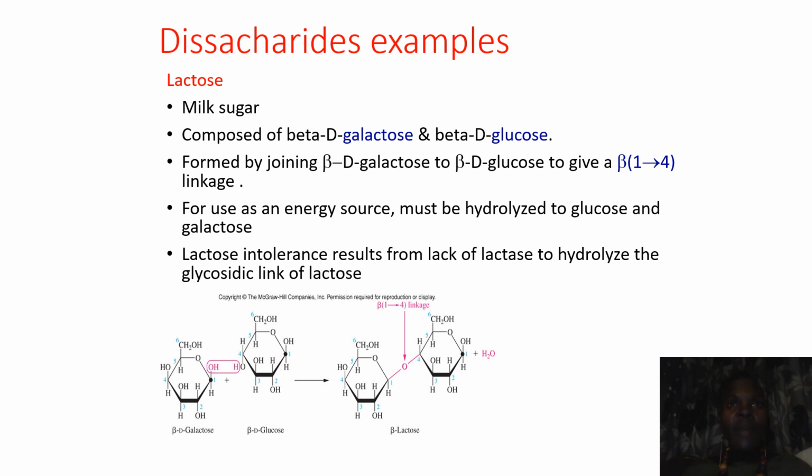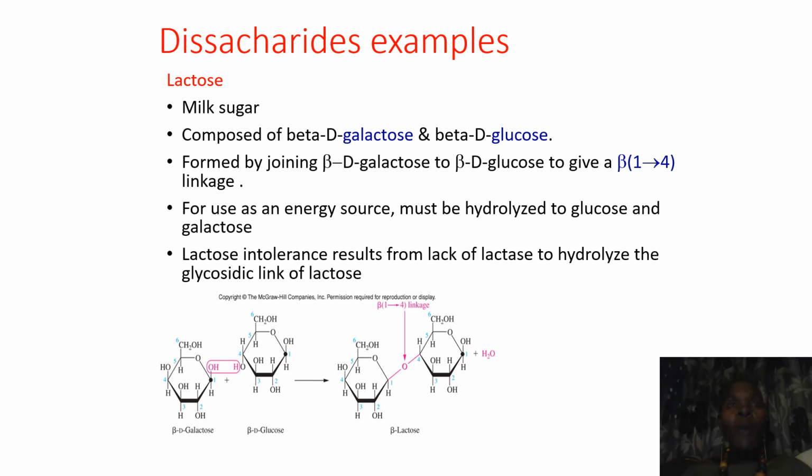At carbon atom number 1 of the beta-D-galactose, carbon atom number 4 of beta-D-glucose, we are going to form beta-1,4 glycosidic bond. But in between, when the glycosidic bond is forming, there is a molecule of water being released. So we talk about formation of a beta-1,4 glycosidic bond.